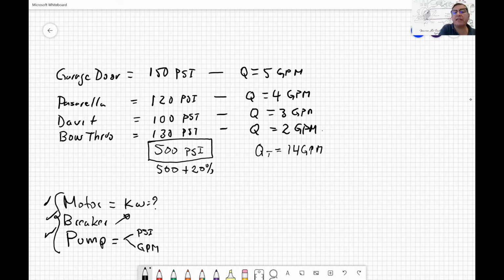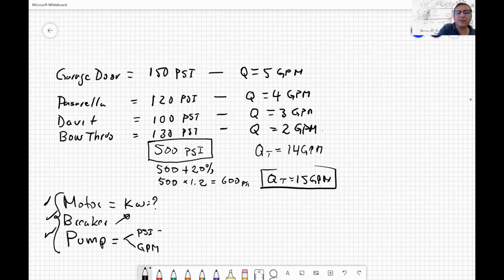How did you add 20%? You multiply times 1.2. 500 times 1.2 is 600. And the flow is 14, so round it up to 15 gallons per minute. The pump that you need is 600 PSI and the flow is 15 gallons per minute.